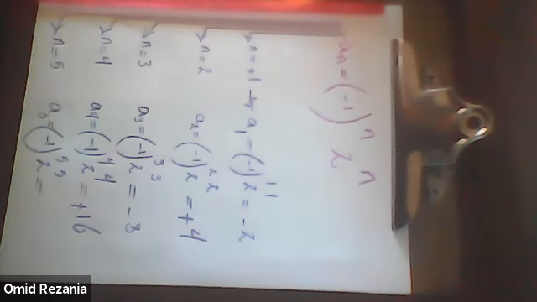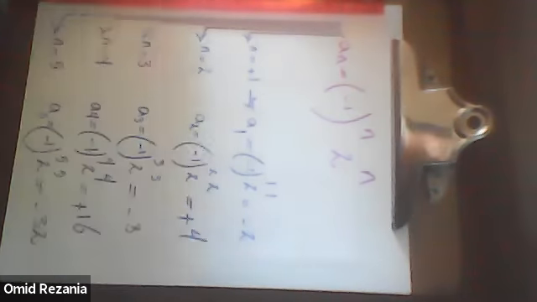And as a last term, we have n equals 5, then we end up with a5 equals -1 to the power 5, 2 to the power 5. -1 to the power 5 becomes -1. 2 to the power 5 becomes 32. So minus 32.